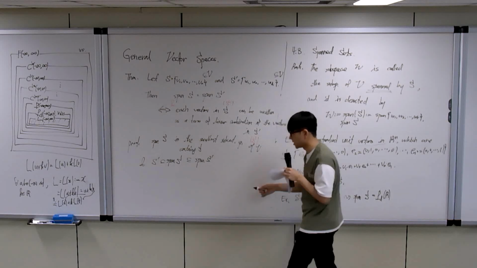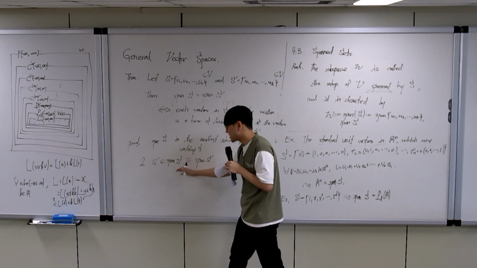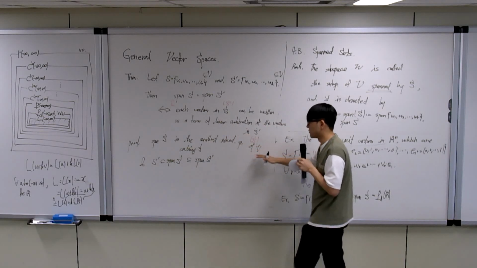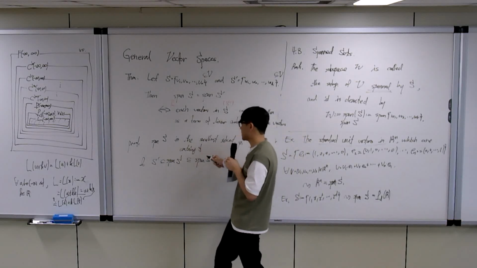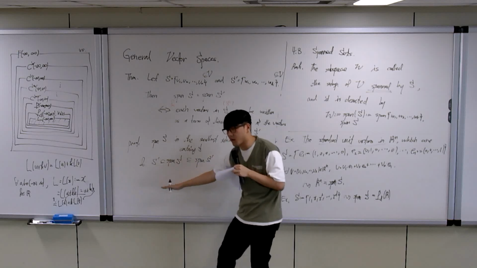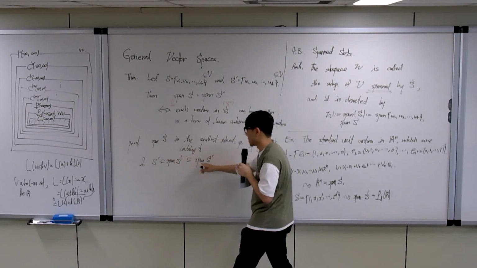I will explain again. The spanning set of S is the smallest subvector space of V containing S, and since it contains S prime, it is larger than span S prime.